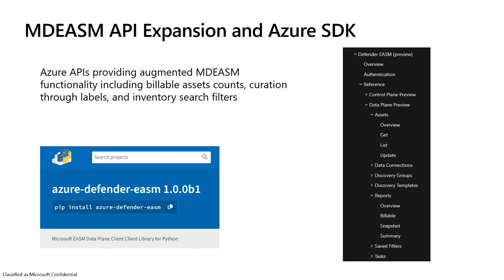If you go to pypi.org, you will easily find the documentation for the EASM SDK, as well as some sample code that shows how you can use it. In the security world, Python is widely used as a programming language for scripting, so one of our first supported languages is Python.